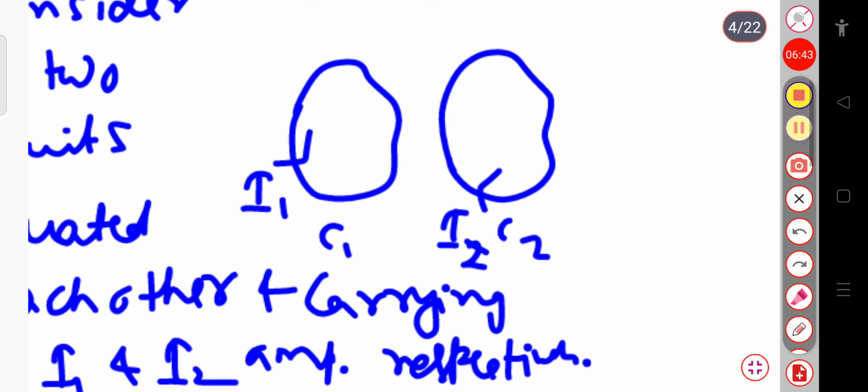In these two coils, suppose the surface areas are S1 and S2, and if I cut a very small length, this is dl1 in the first coil, and in the second coil this is dl2.